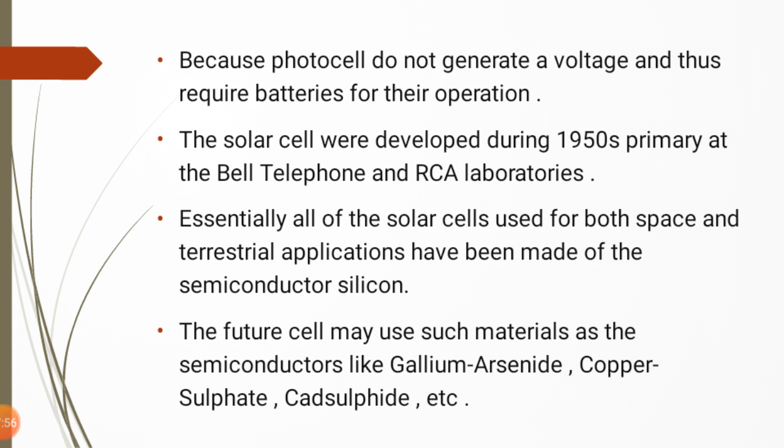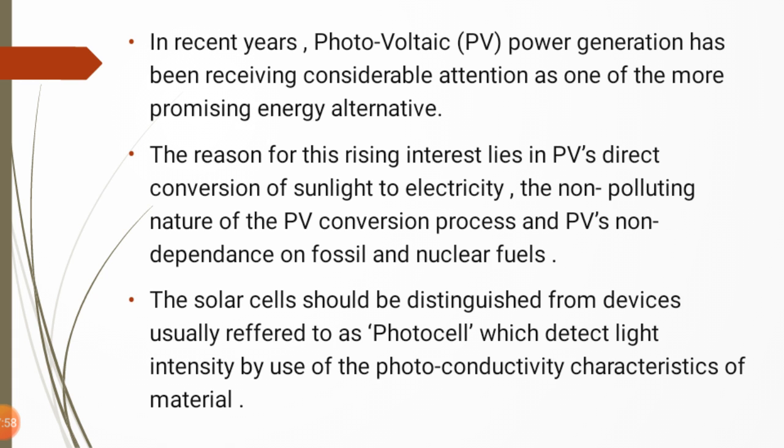Solar cells should be distinguished from devices usually referred to as photocells, which detect light intensity by use of the photoconductivity characteristics of the material. That means the device which is used to convert solar energy into electricity is the solar cell, but the solar cell is different from the photocell.